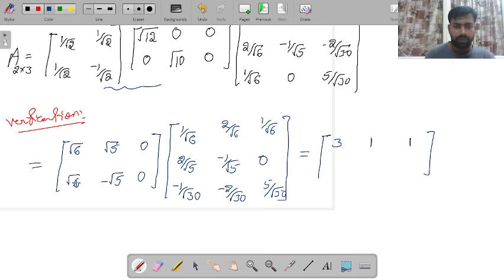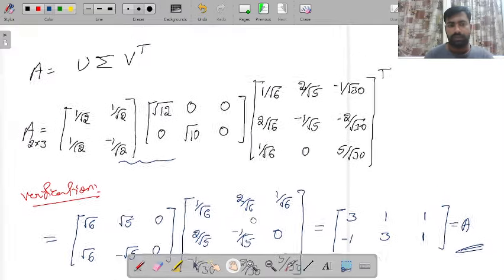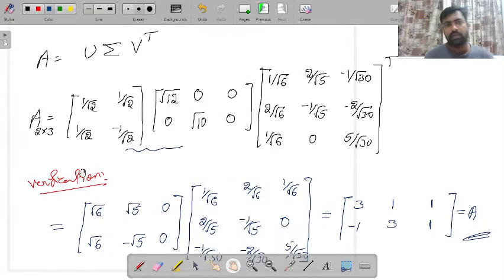Next, the second row: root 6 into the first row, negative root 5 into the second row, plus 0 into the third row. So 1 minus 2, negative 1. 2 minus of minus, it will be plus 3. And 1, anyway it is 0, so 1. So this is exactly what A is. So whatever decomposition we did is correct. So A equals U sigma V transpose, and this is the singular value decomposition of A.